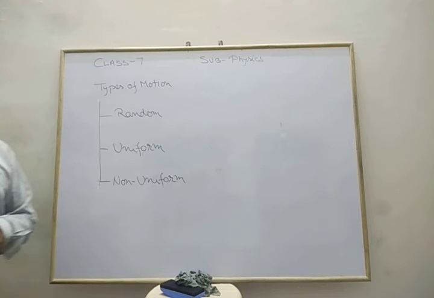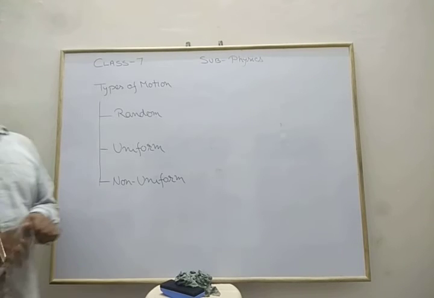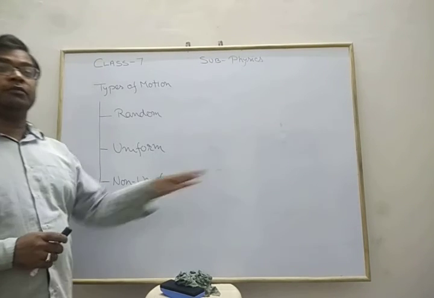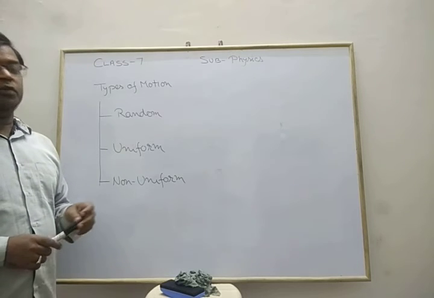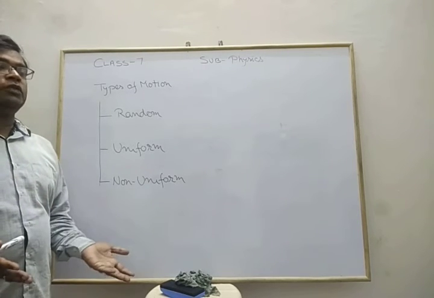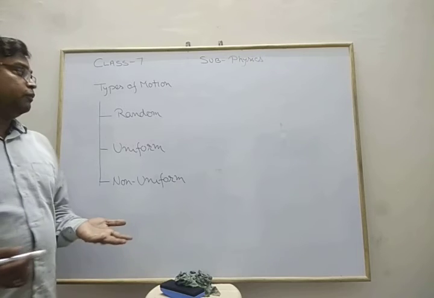Suddenly the moving body changes direction. For example, in a football match, we don't know which person will shoot which side. So we don't know the actual direction of the football.